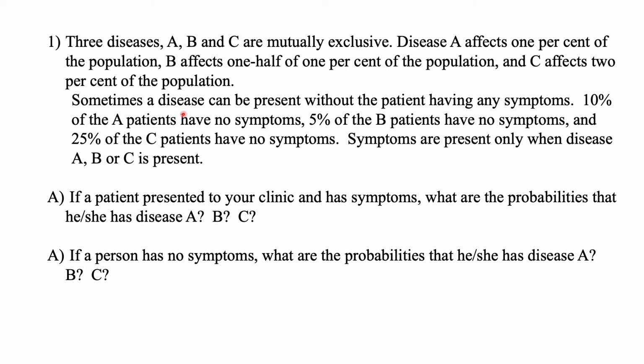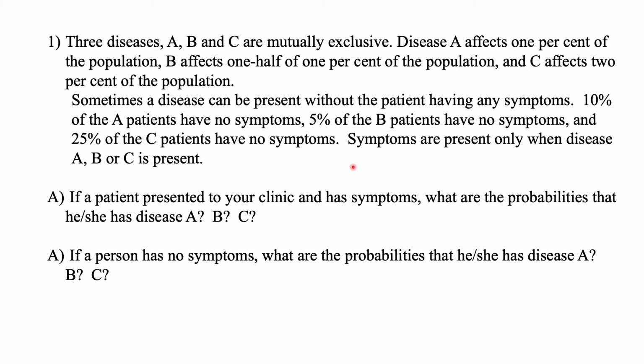And the other information here is that some patients will have disease A, B, or C, but without symptoms. That means the disease is asymptomatic. And we have here 10% of patients with disease A are asymptomatic, 5% of disease B are asymptomatic, and 25% of disease C are asymptomatic.